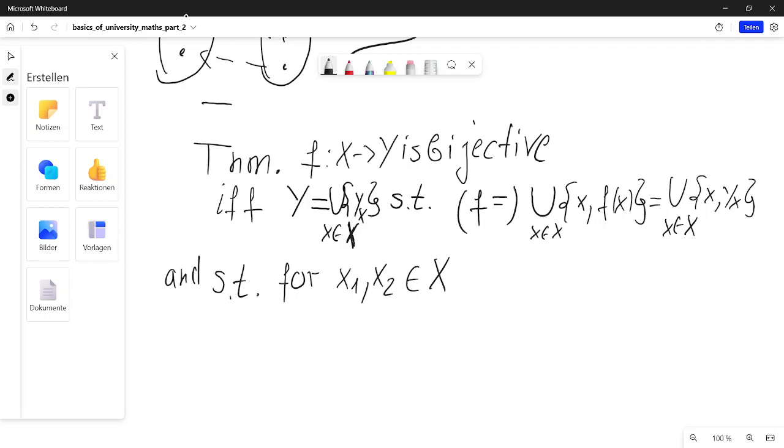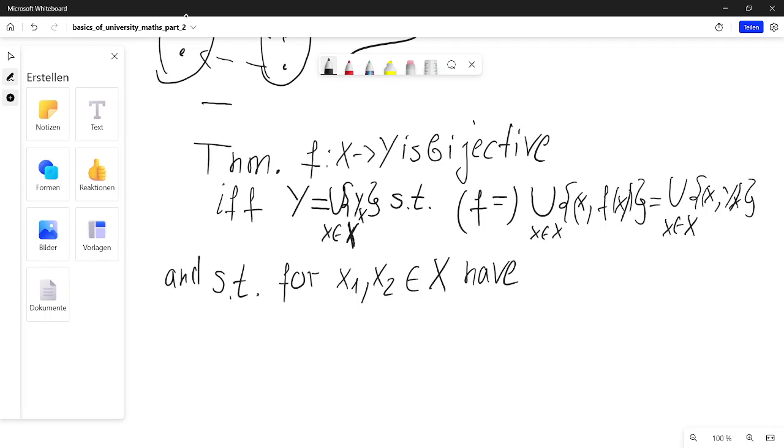So next to the element x, f, because it's pairs, right?